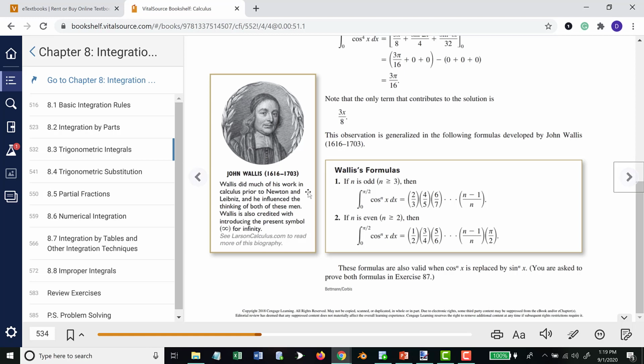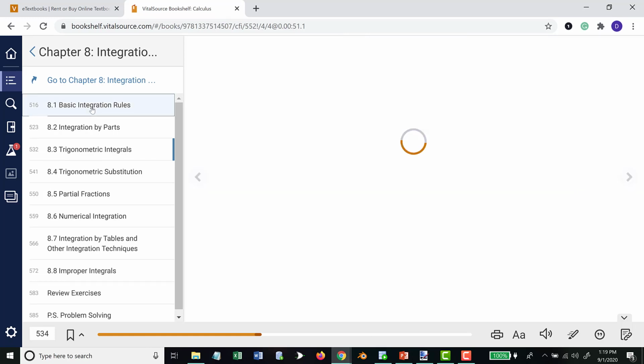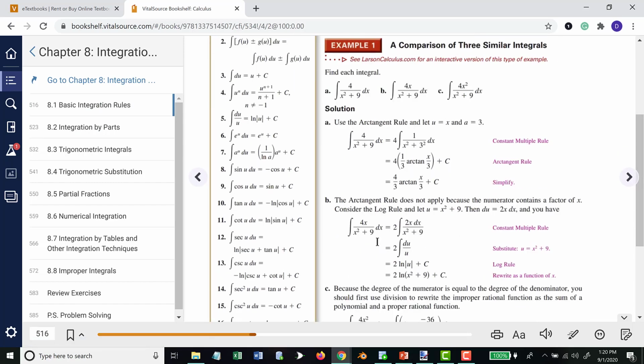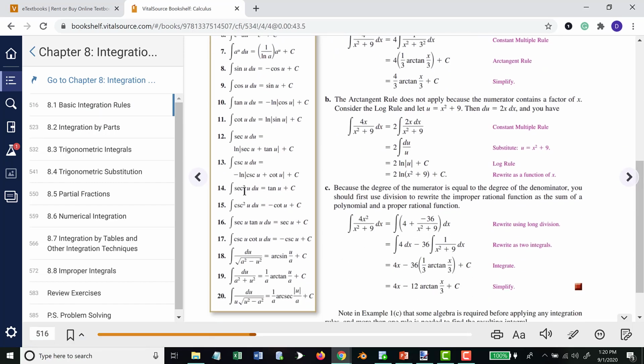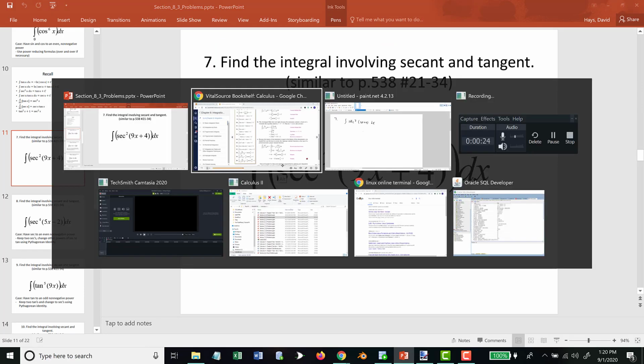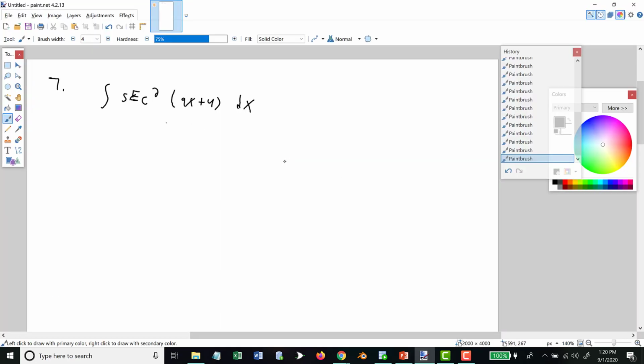If I go back to my basic integration rules, so don't try to apply these techniques if you already got a formula for it. Now it is a u substitution, so we let u equal to 9x plus 4. du, the derivative of that is 9, and I put on dx. So I put a 1/9 out in front, and I need my 9 inside.